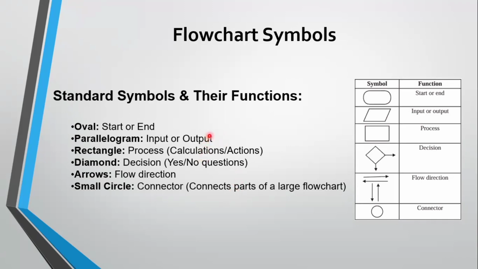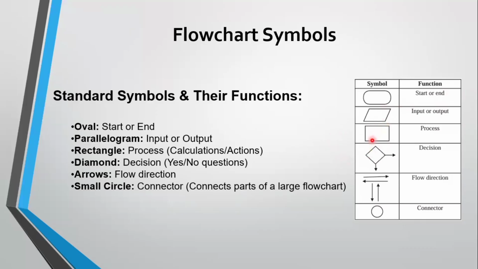A flowchart shows the steps of a program in a visual way. But we must use specific shapes for specific jobs, right? So look at this chart. This oval shape is only for the start and the end. The parallelograms are for inputs and outputs.